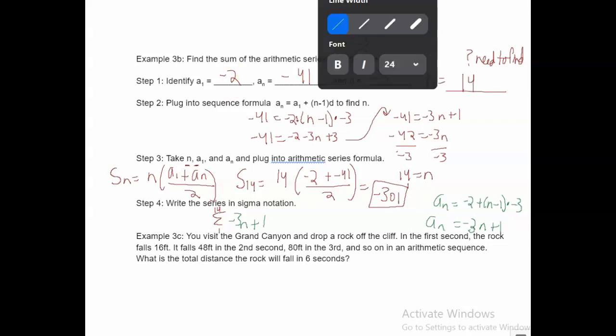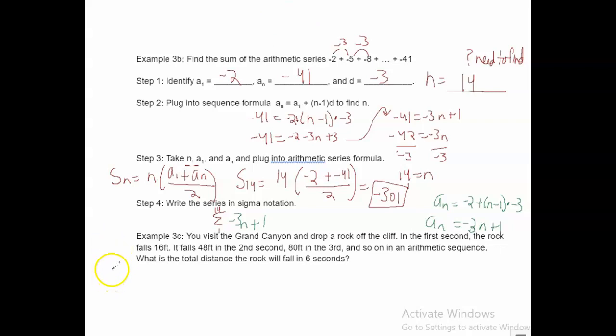So let's think about what it gave me. It gave me A1 equals 16, A2 equals 48, A3 equals 80. Sorry, I'm off.